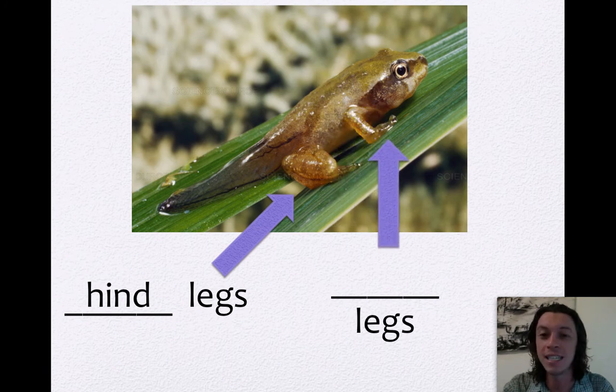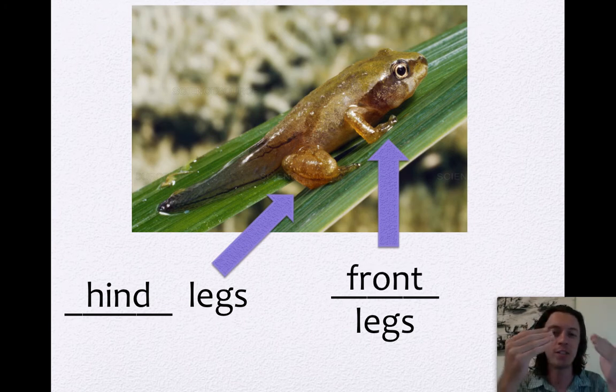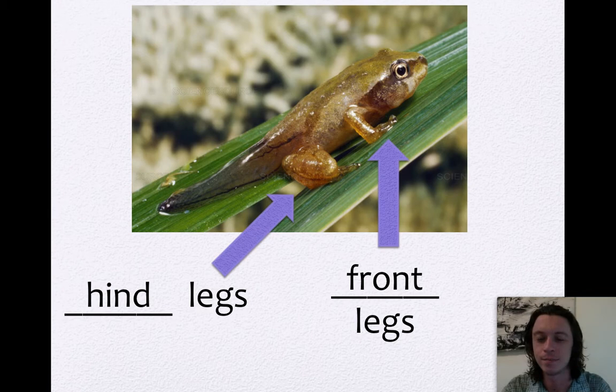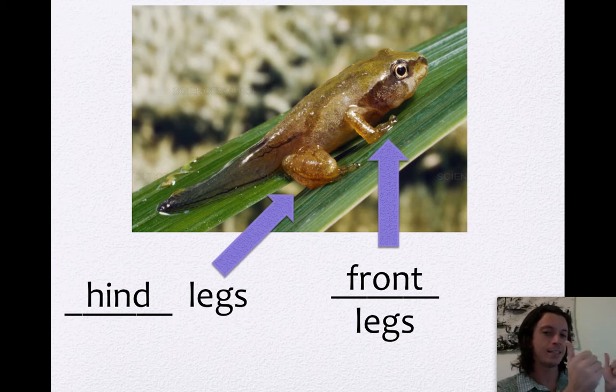The froglet has, we say, front legs. So, front legs and hind legs.